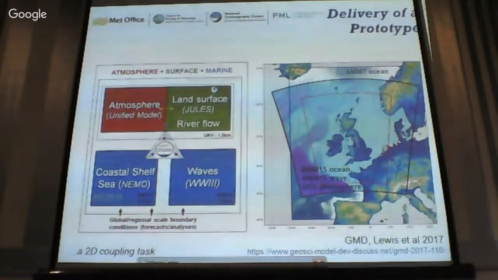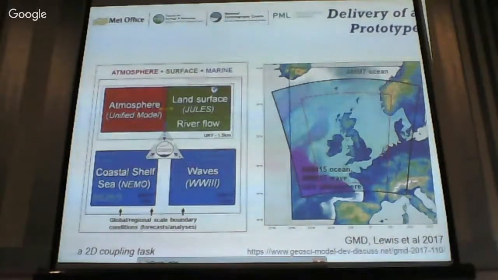Even if you're not an oceanographer, you can appreciate that cutting the North Sea in half is not a smart move, and the way it cuts the domain doesn't provide you with a very good ocean system. So one of the very first things we were doing within the project, between talking to ocean groups and atmosphere groups and land groups, was to work out where the UK is, get some agreement about that, and then work out what the least worst domain for all of us was at an affordable level to try and do this coupling work.